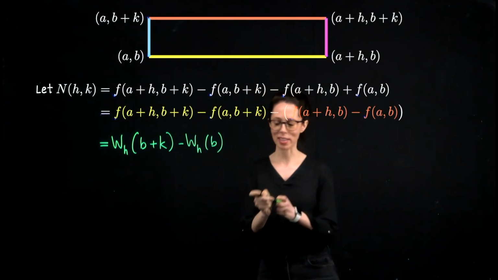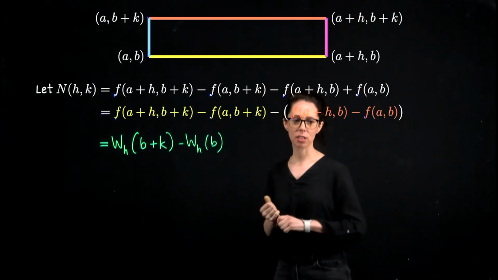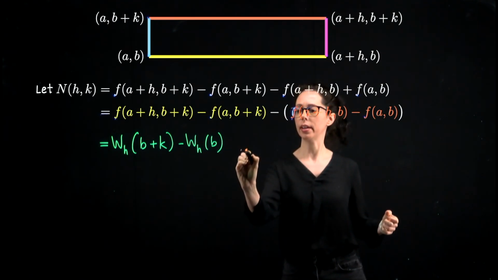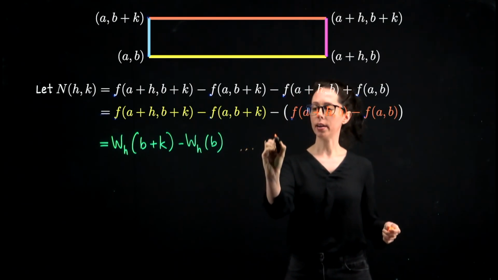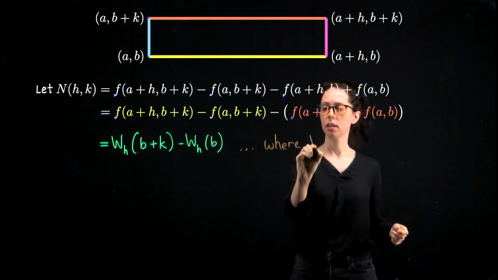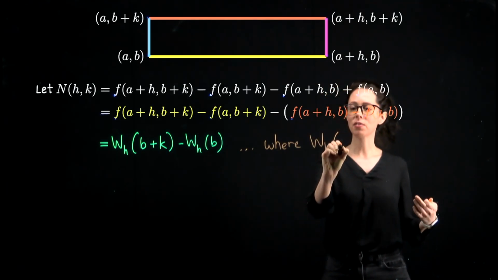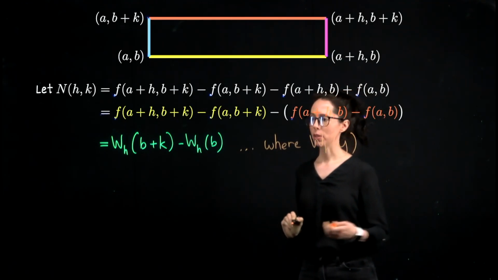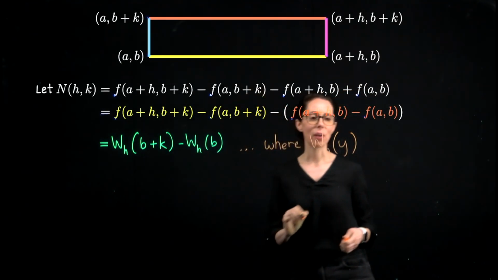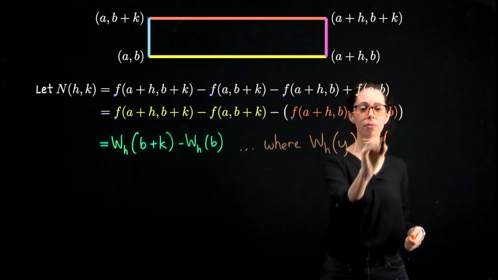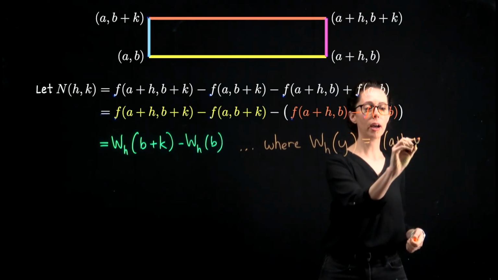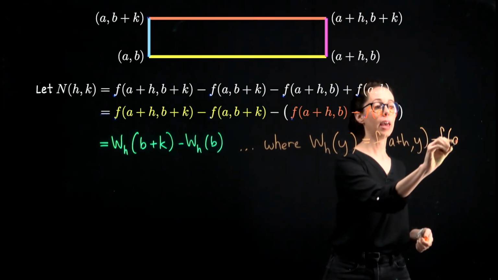I have not told you what this is yet, so let me do so now. Just to be concise, I'm going to do that right here, where w sub h is a function of just the second input y. So that's why I have the y values here. And we compute it by doing f of a plus h, y minus f of a comma y.